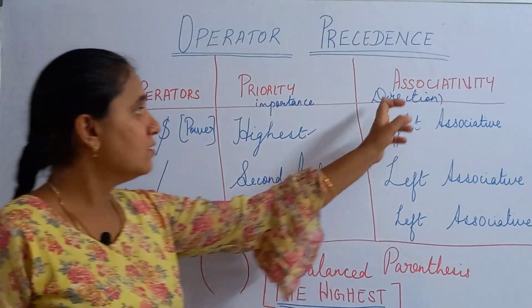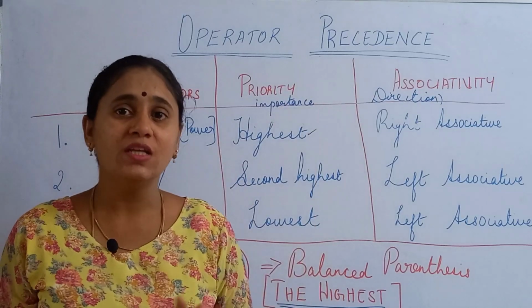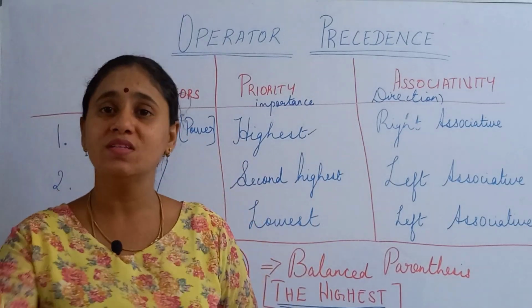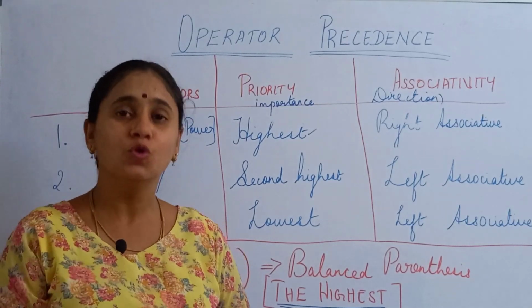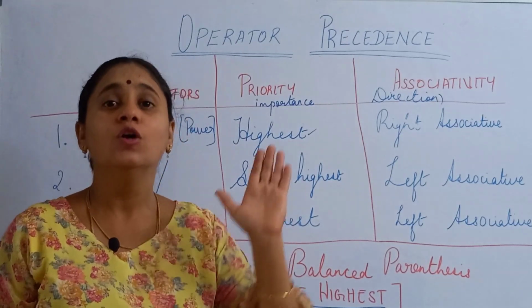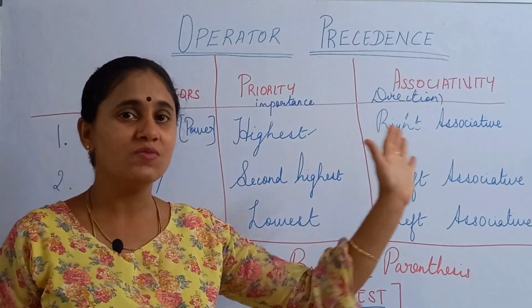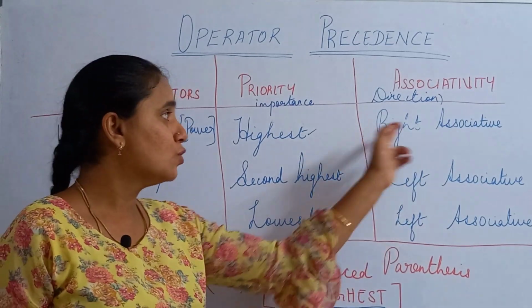Next, what is the associativity? The direction of solving this operator is towards the right side. So you must solve this expression towards the right. I will give you some examples, and based on this we can go for the discussion. You just note it down.